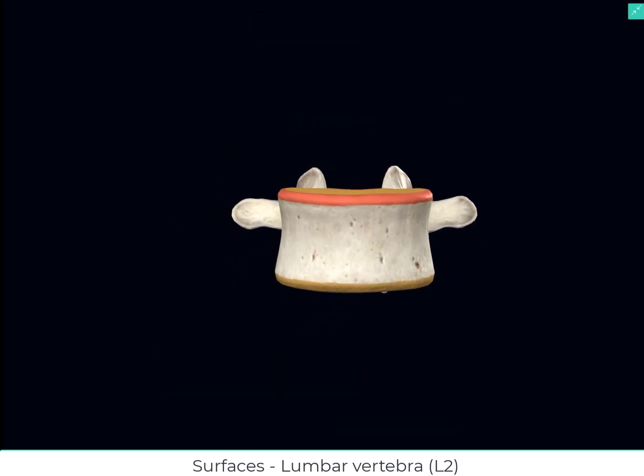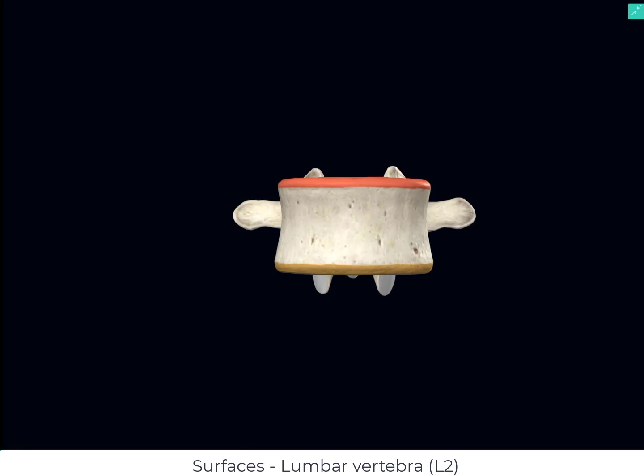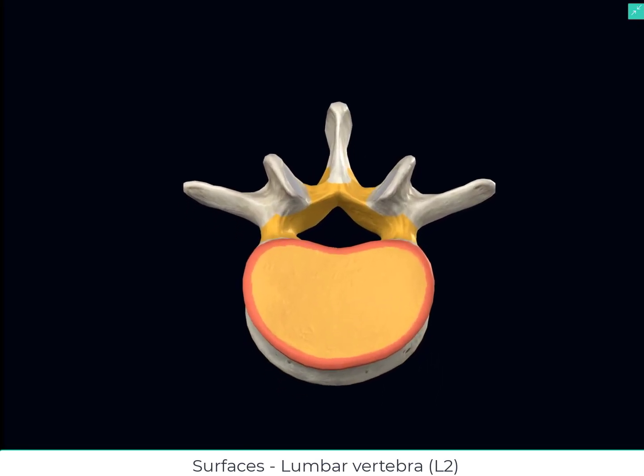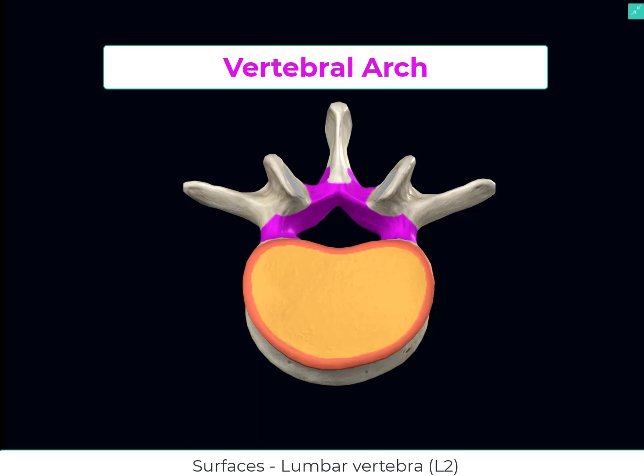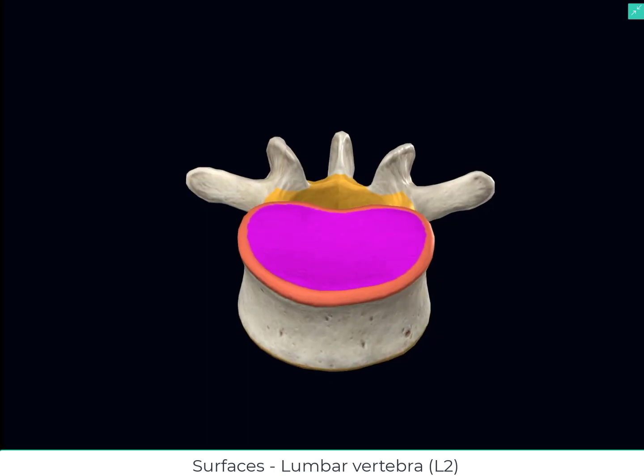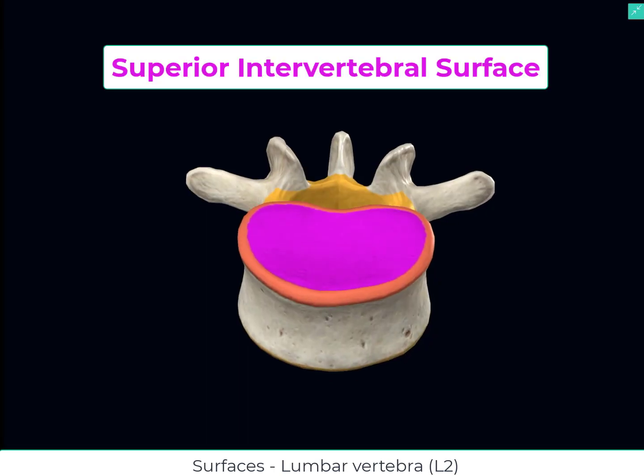Now let's talk about the surfaces. This is the anterior view and superior view. As you can see, in terms of the surfaces, this part, which is created by the pedicles and laminae, we are calling the vertebral arch. And superiorly, this surface we are going to call the superior intervertebral surface. And around that, we have this bony structure.